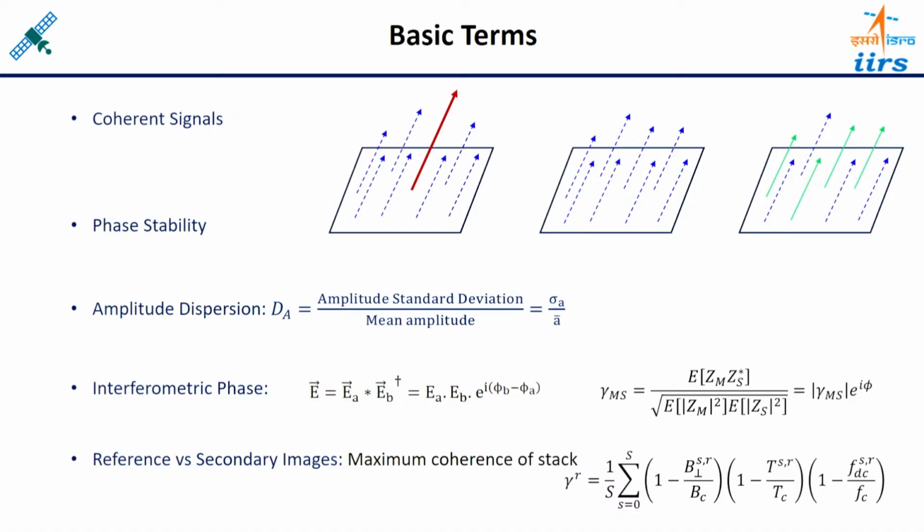The signal coming from the forward side appears like it is moving towards the satellite, and the signal coming from the back side appears like it is going away from the satellite. So you get some frequency shift, because the relative speed of the forward side is more and the relative speed of the backward side is less. Because of this relative speed, the frequency is changing. That difference in frequency is called the Doppler frequency shift, or Doppler shift.